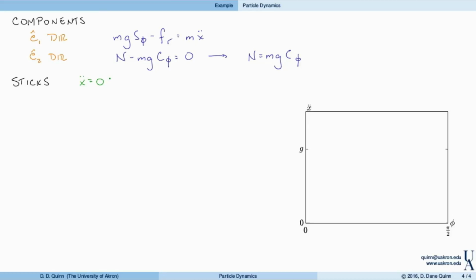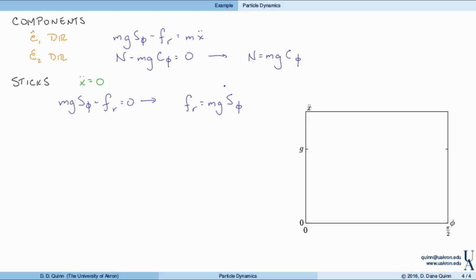The block is not moving, so the acceleration vanishes. And looking at the equation in the E1 direction, we have mg sine of phi minus Fr equals 0. So the friction force is mg sine of phi, provided the block sticks.